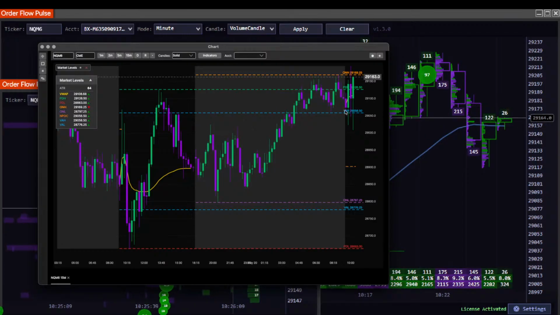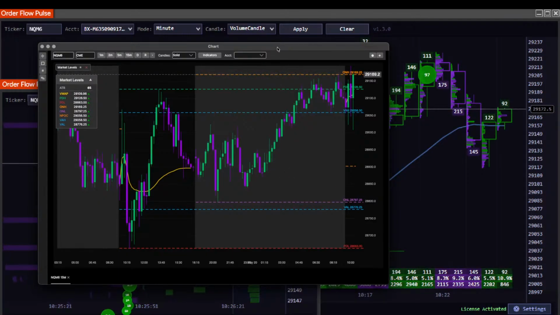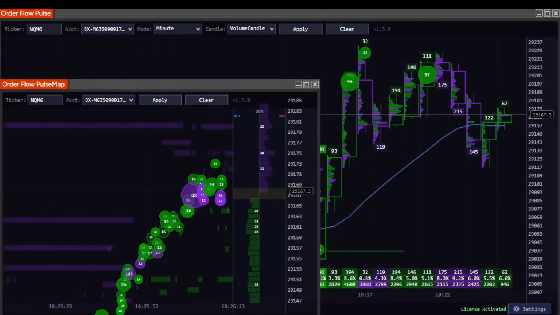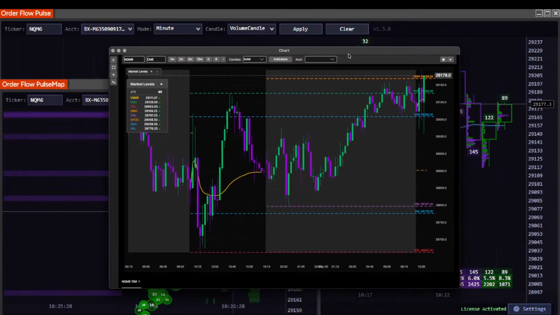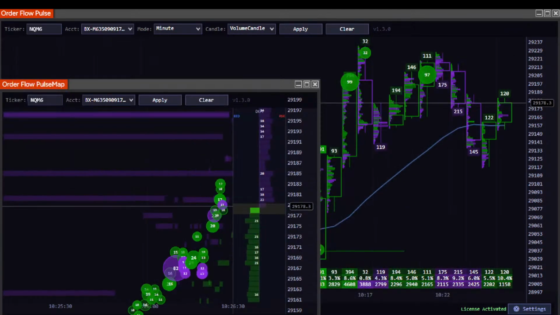This was the value area high right here, the blue line, value area high of yesterday's New York session. You have the overnight highs right here on the orange, and overnight lows is right there in the purple. And we are at an ATR of 65. That's pretty daggone high.